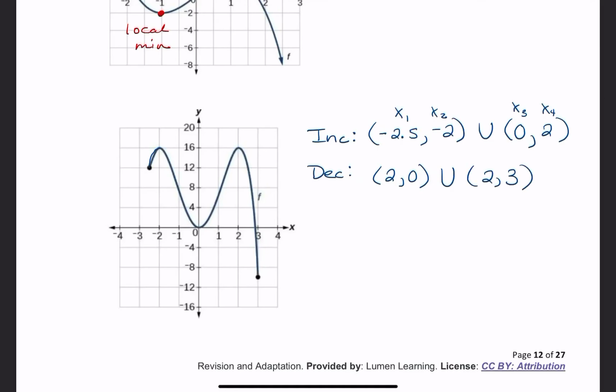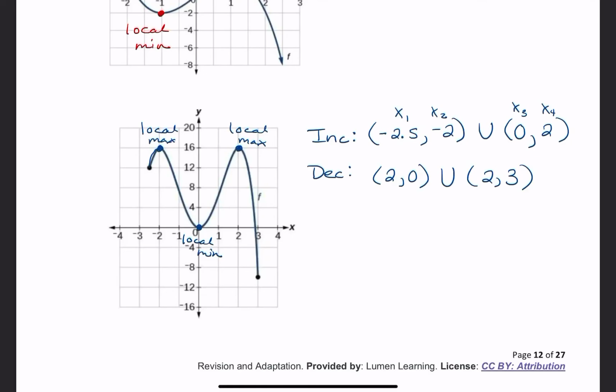Now here, because it's on an interval, it's not going to negative infinity or positive infinity. I've got local and absolute mins and maxes. So this would be a local max. This would be a local max. This would be a local min, because they're just changes in direction.